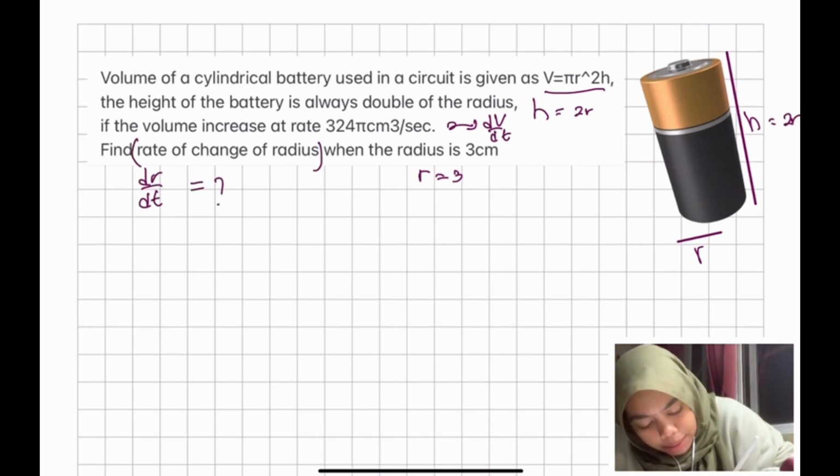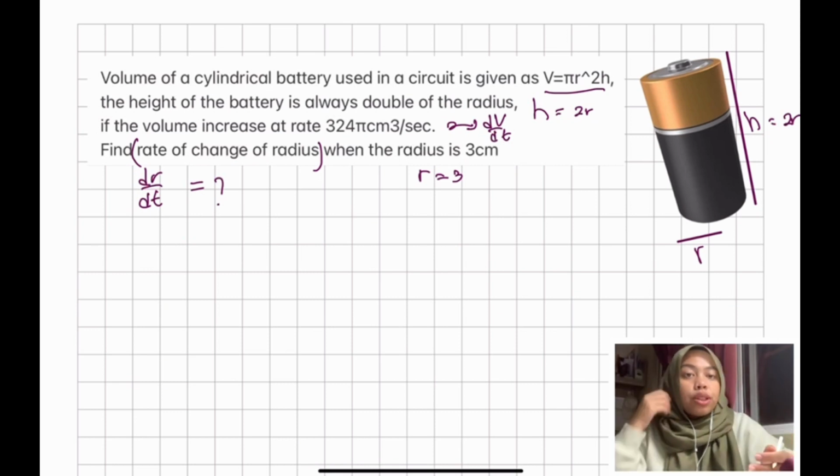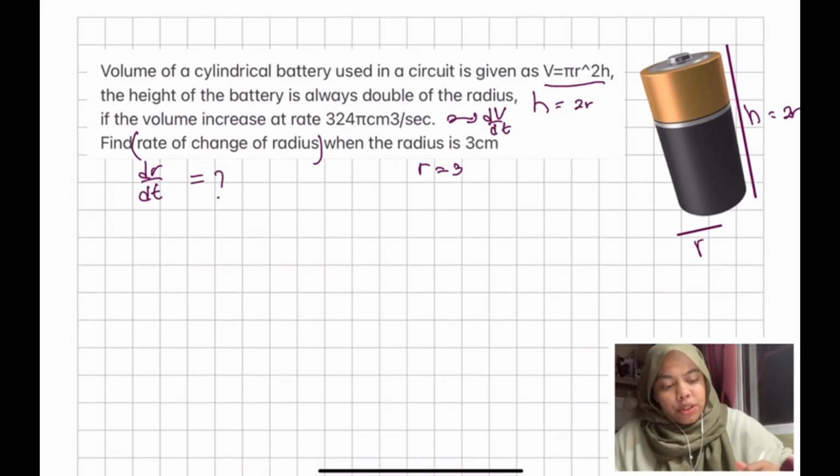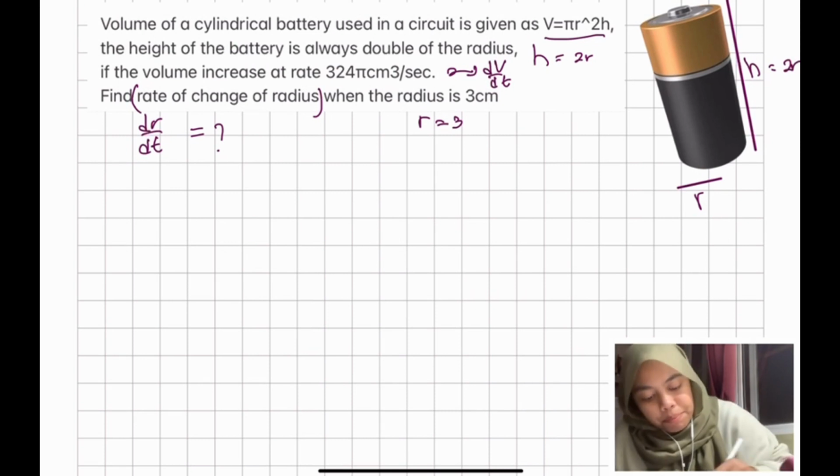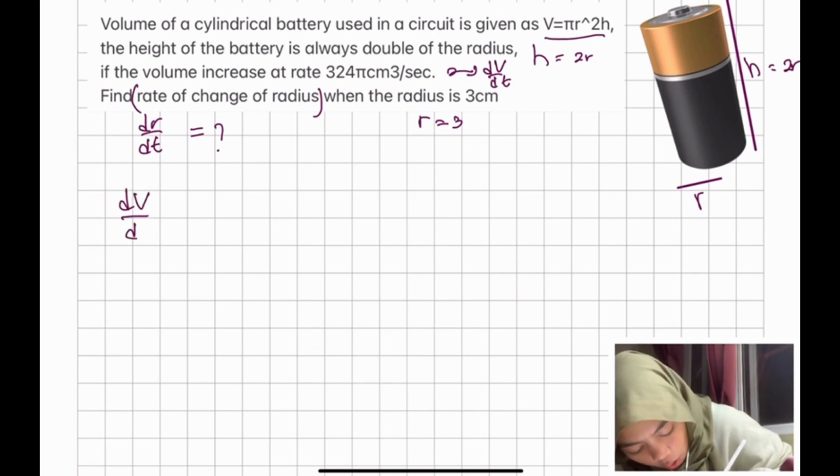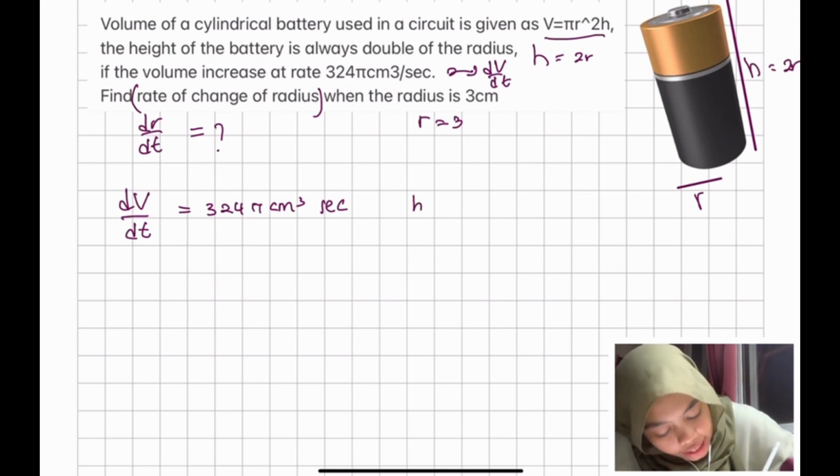Okay, so same as the previous one, we have to jot down every piece of information that we knew. The first one is dV over dt equals 324 pi centimeter cubed per second. Next, we knew that the height h is equal to 2r, while r is equal to 3.